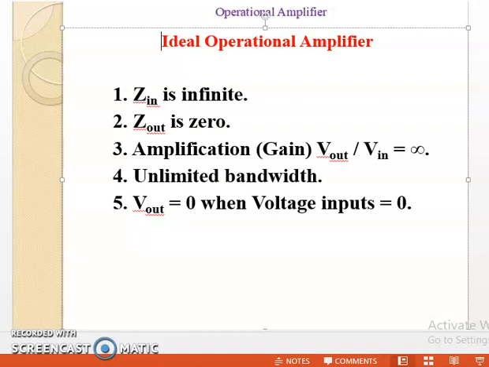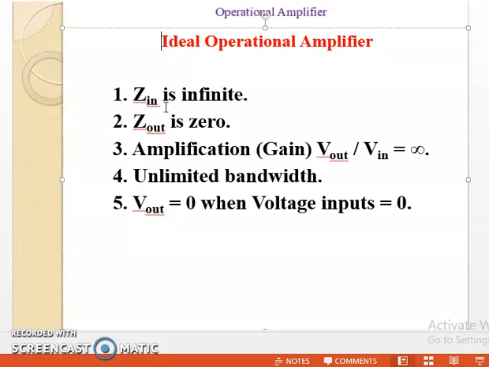Number one, Z in is infinite. You may ask, what is this Z? Z is nothing but impedance of the amplifier, and in stands for input. I mean, the input impedance of an ideal operational amplifier is infinite.